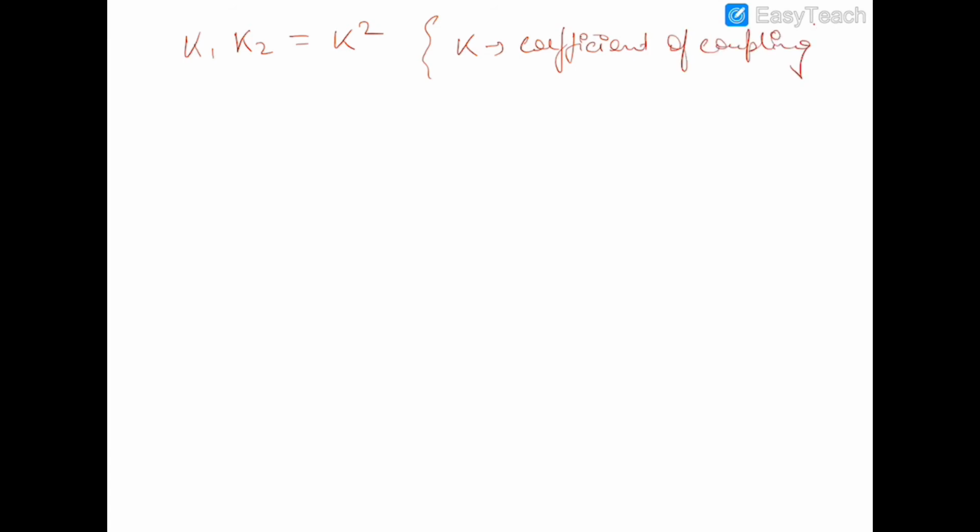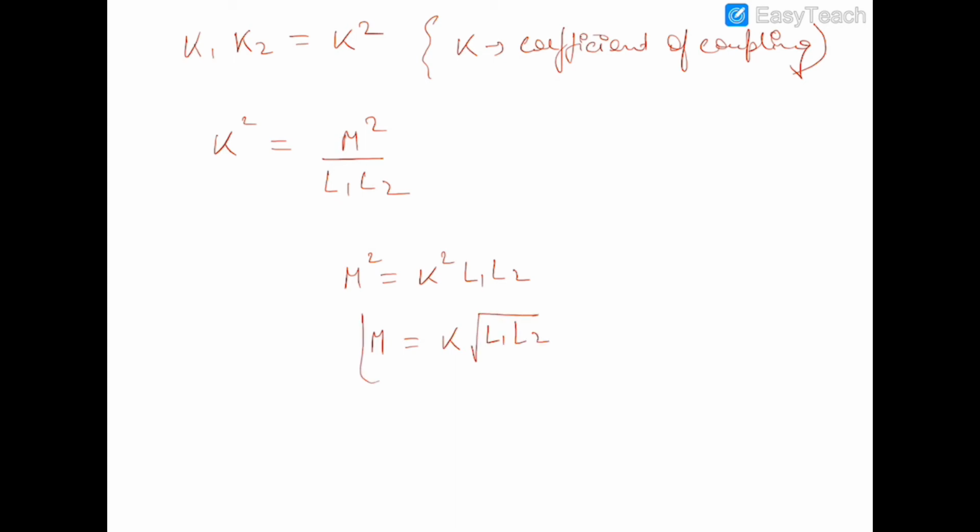So K square is equal to M square upon L1 L2, where we are assuming that these coils have such a geometry that their mutual induction coefficients are equal to each other. So M square is equal to K square L1 L2, and M will be equal to K root of L1 L2.